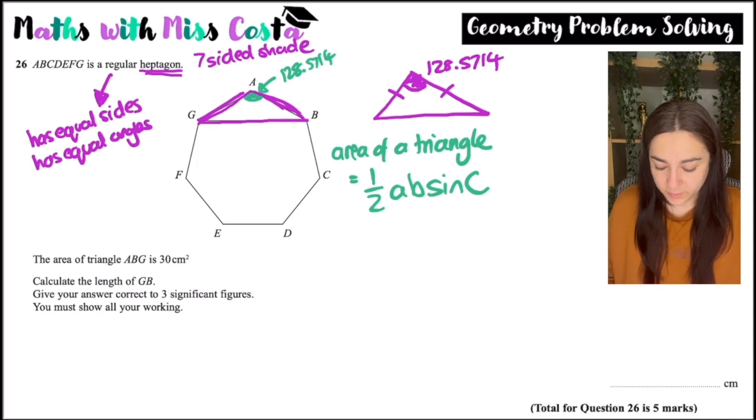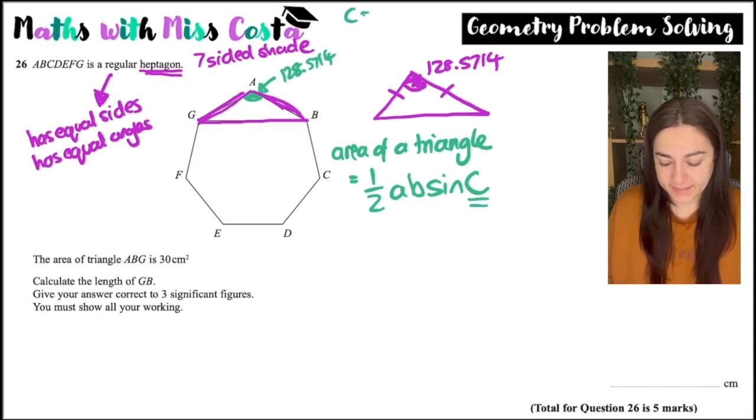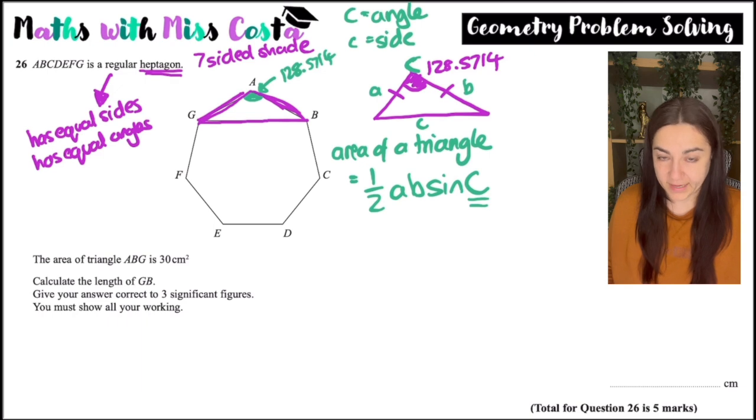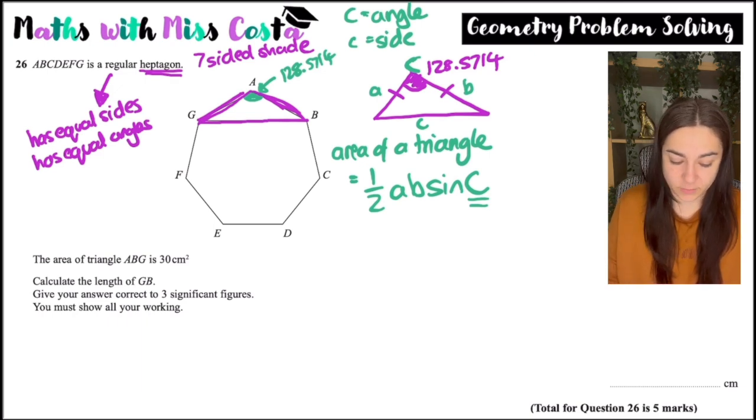I label my triangles. So sine C, remember the big letters represent an angle, and the little letters represent a side. So I've been given the big C, so this is going to be C, and this and that side are going to be a and b. Now I know that they're actually going to be the same side, so I can just call them x and x just to make my life easier.